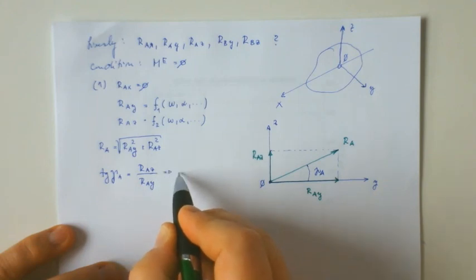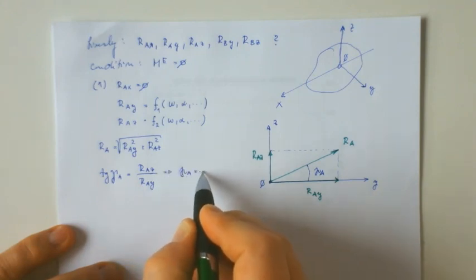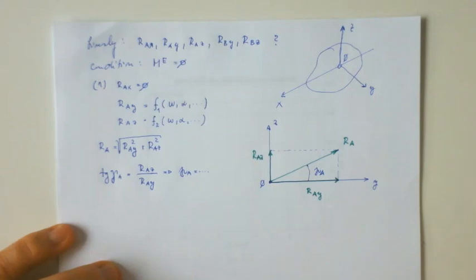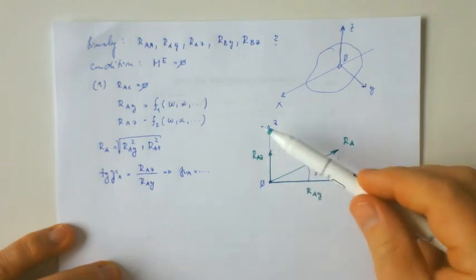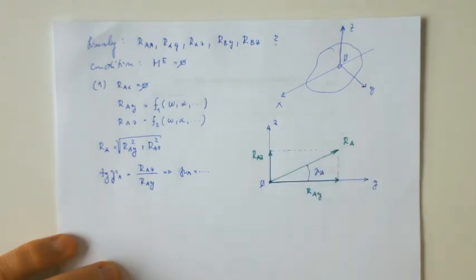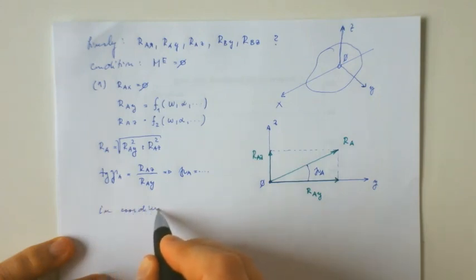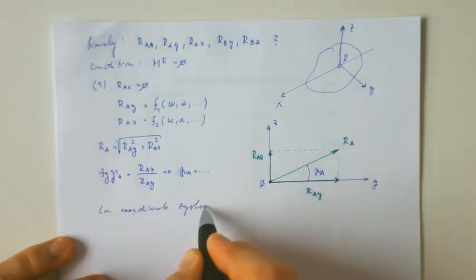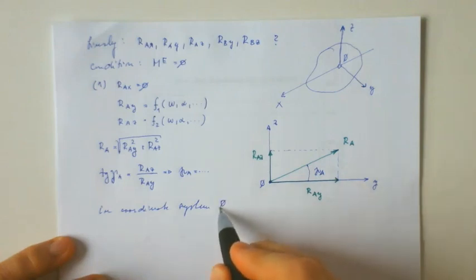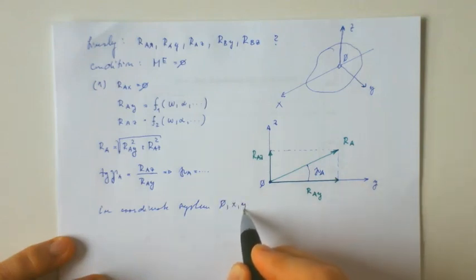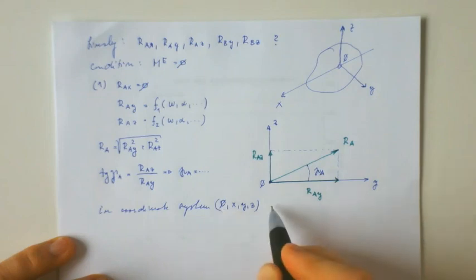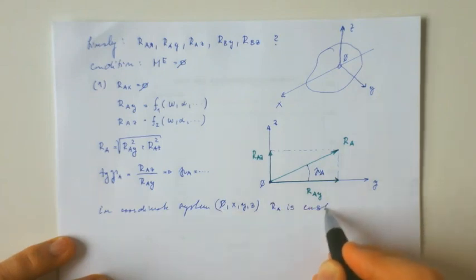So from this follows gamma. So it seems in this coordinate system x, y, z, RA is constant.